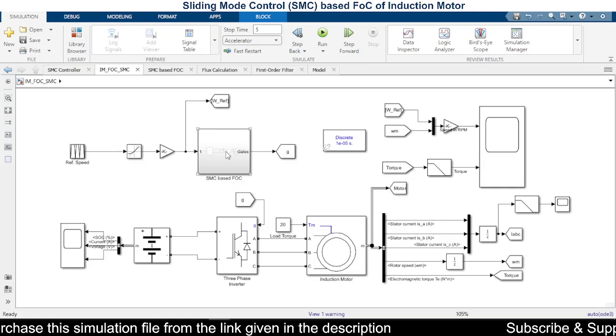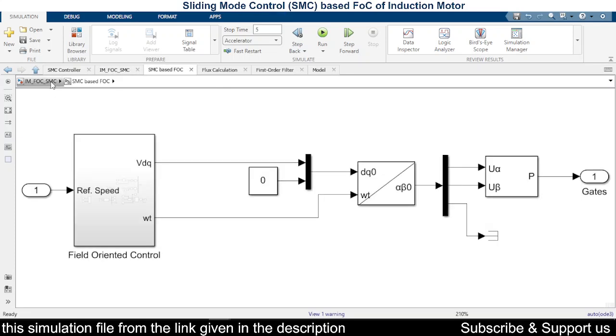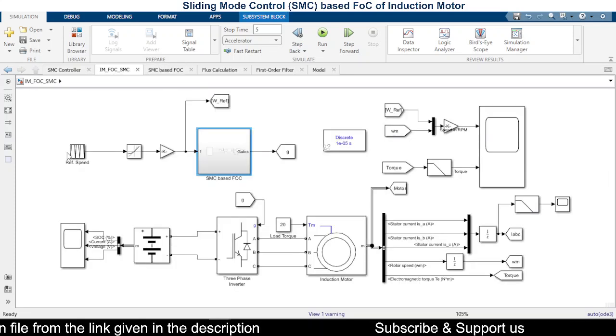Here we have the basic controller. This is FOC, and here we are doing the conversion from direct axis to alpha beta frame, and further this alpha beta frame will be used to produce the pulses. In the previous stage, we have the reference, and the reference will be compared with the actual speed.